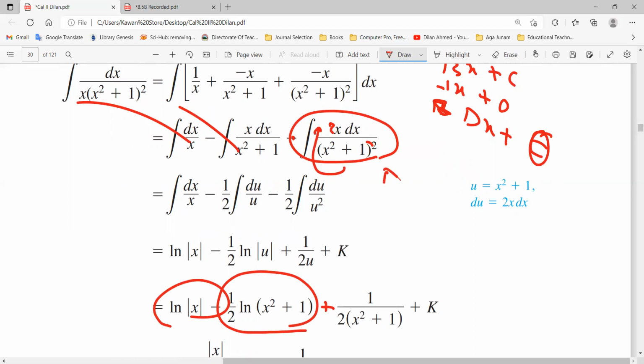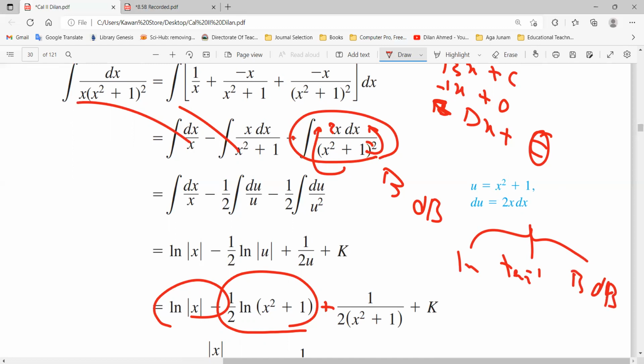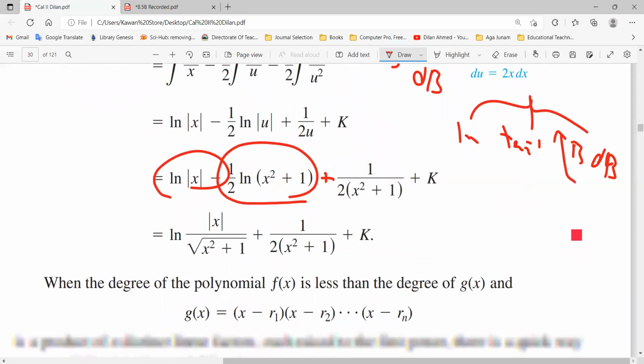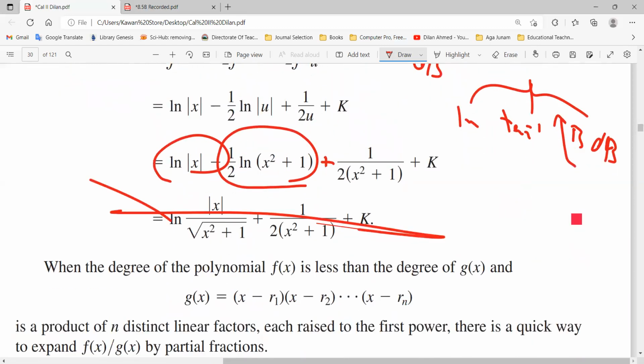So that one is box d box. Bring it to up. I told you that in most cases it is tan inverse, ln, or box d box after bringing to up. But you forget every time. So okay, don't forget about that step. This is your solution.